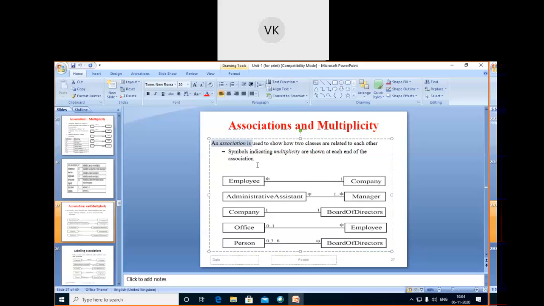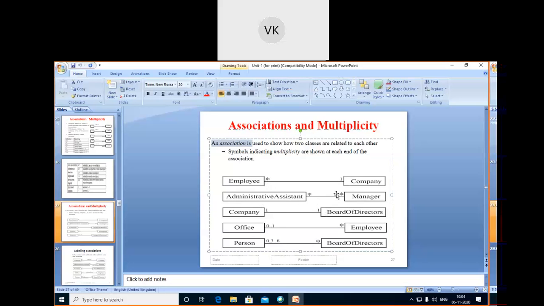For a company, the number of employees are working in the company. For the company class, the number of people are working to that company. Star and one.